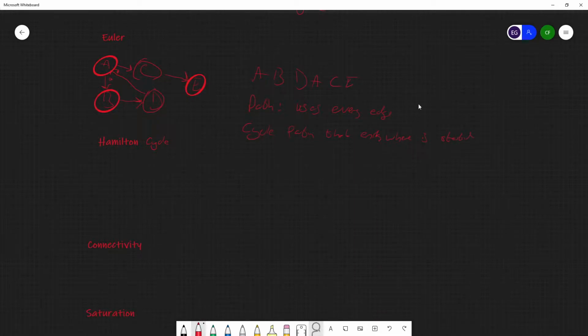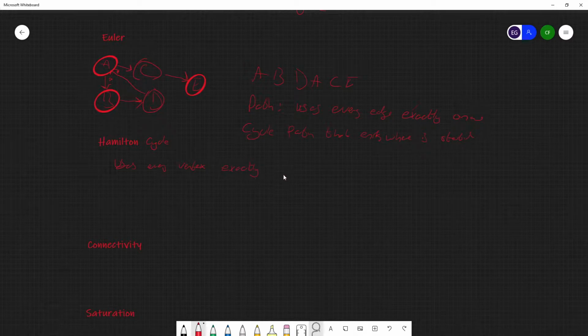Same goes for Euler. Euler has to use every edge once. Hamilton cycle has to use every vertex once.